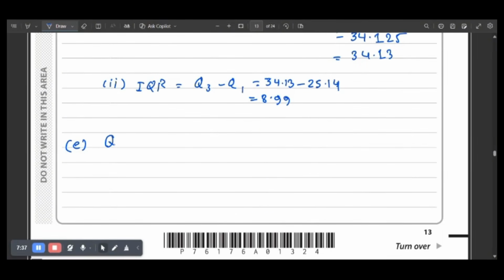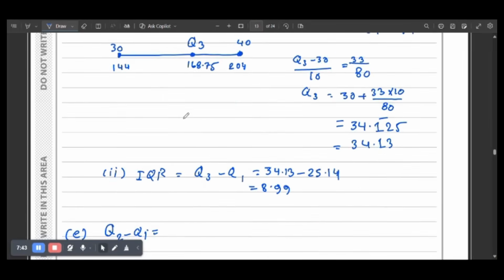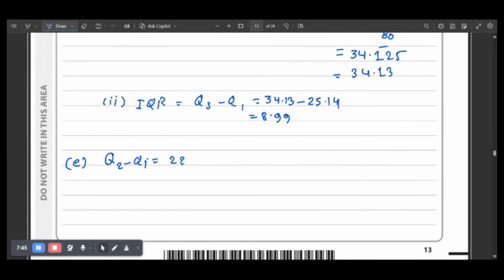If we calculate quarter 2 minus quarter 1, the closeness of quarter 1 to quarter 2, we find 28.30 minus 25.14 will equal 3.16.